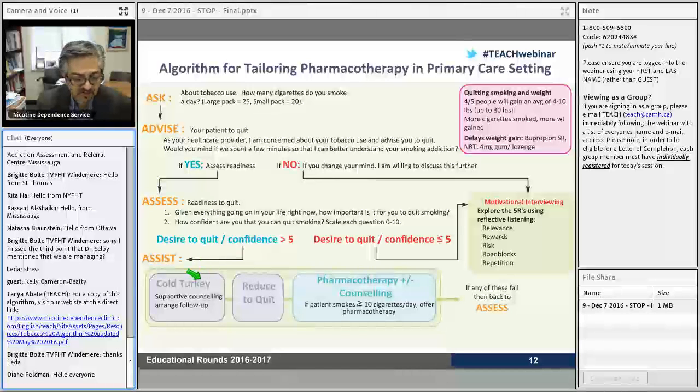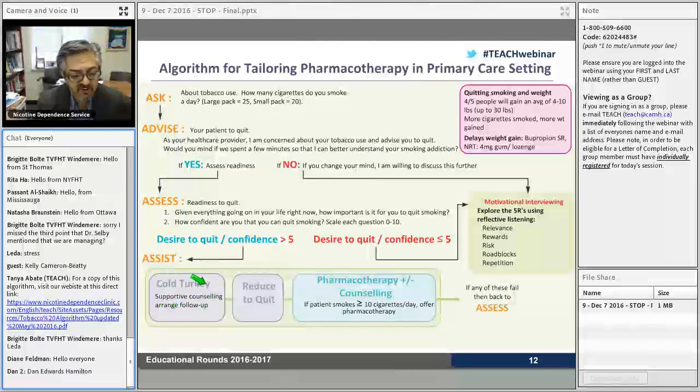So if people are adamant and they want to do it, I say go ahead, and if within 3 to 4 weeks it hasn't worked, they'll be much more ready to come and get help. So I always tell people, look, if you want to try cold turkey, go ahead, here's how you could do it, and come back and let's see how it's going for you.